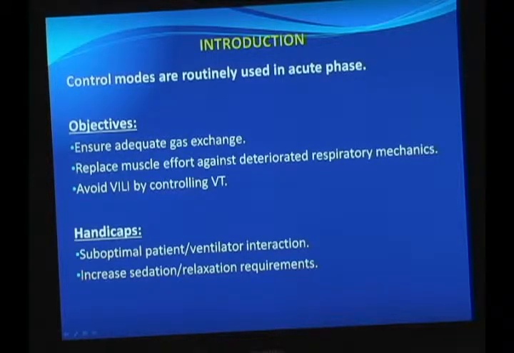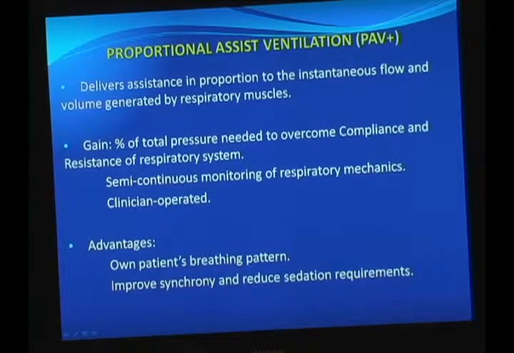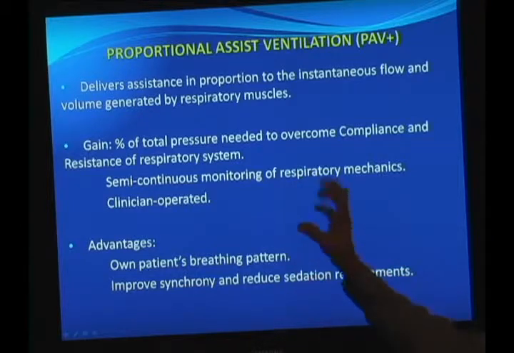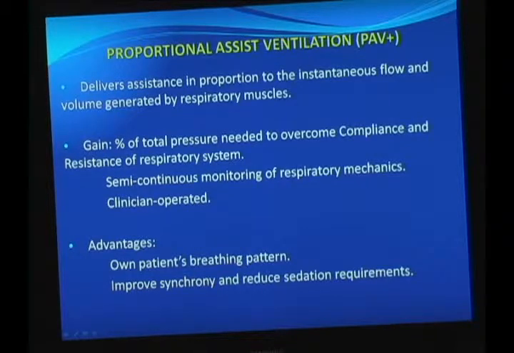So this was the reason why we thought about the role of proportional assist ventilation to try to fight all these difficult points. Proportional assist ventilation, I want to remind you, delivers assistance in proportion to the instantaneous flow and volume that the patient already generates. So the machine waits until the patient makes any effort.